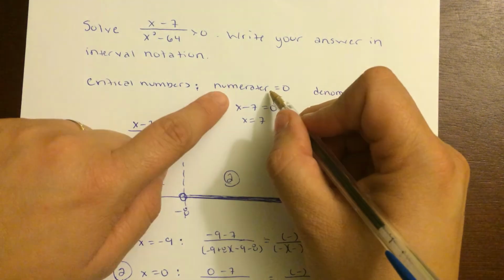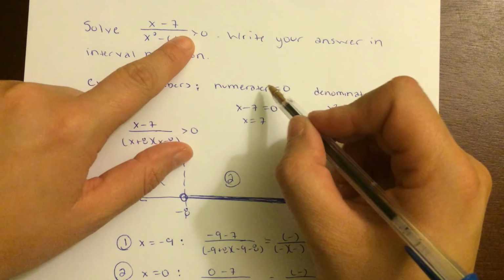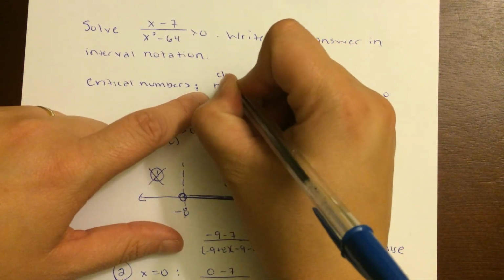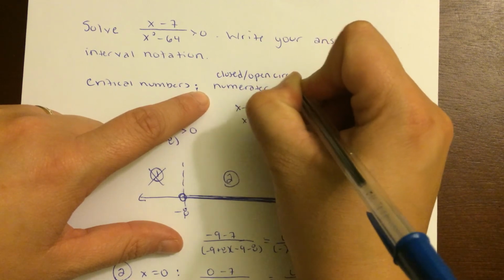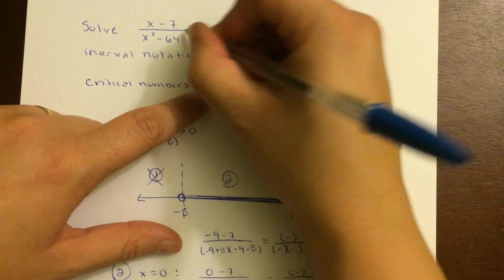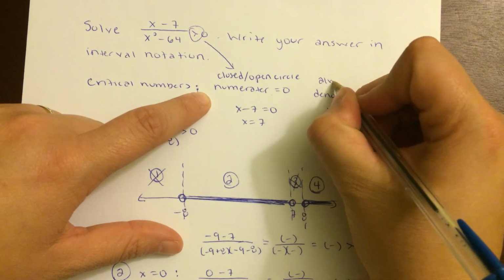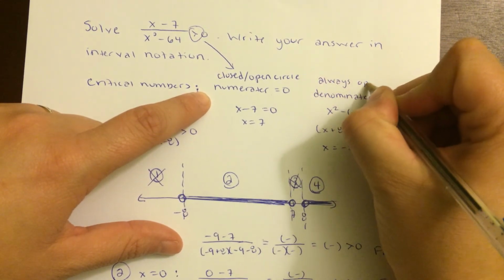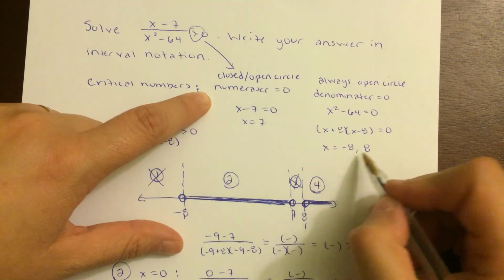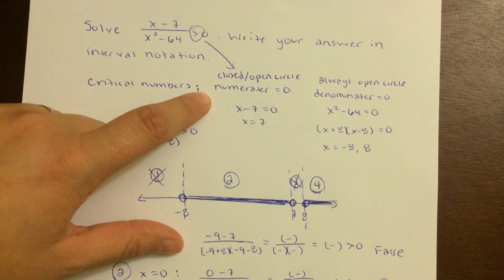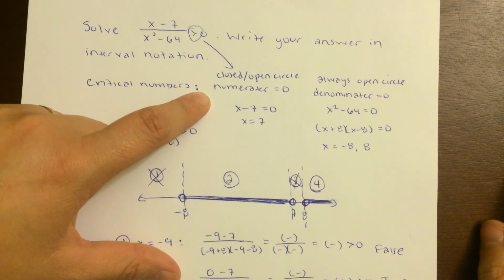Now the numerator one could have been a closed circle if the inequality was an equal to, so it could be closed or open circle depending on the inequality. The denominator ones are always open circle, because we'll never actually equal these numbers, otherwise we'll get undefined numbers in the inequality. So in this case, everything is open circle.